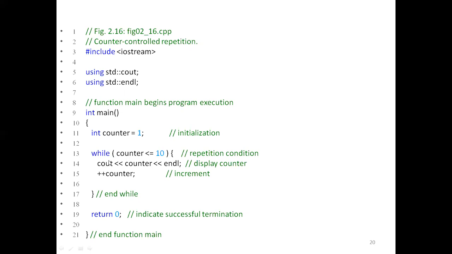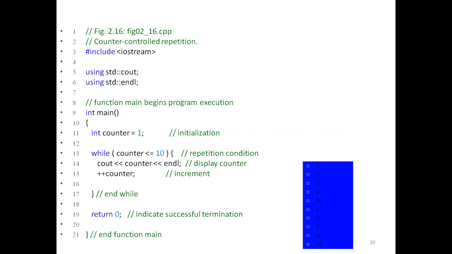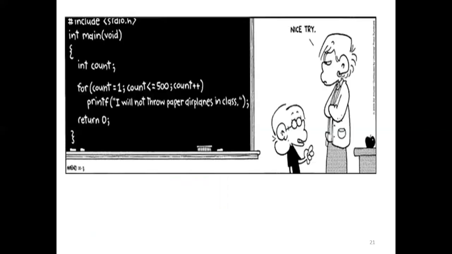But the counter will keep counting inside this loop. So before the end of the statement, you need to maintain the counter. This is very important: the counter increment. So it is exactly the same logic as the previous one, but we implement it with the while statement. So it is exactly the same result.